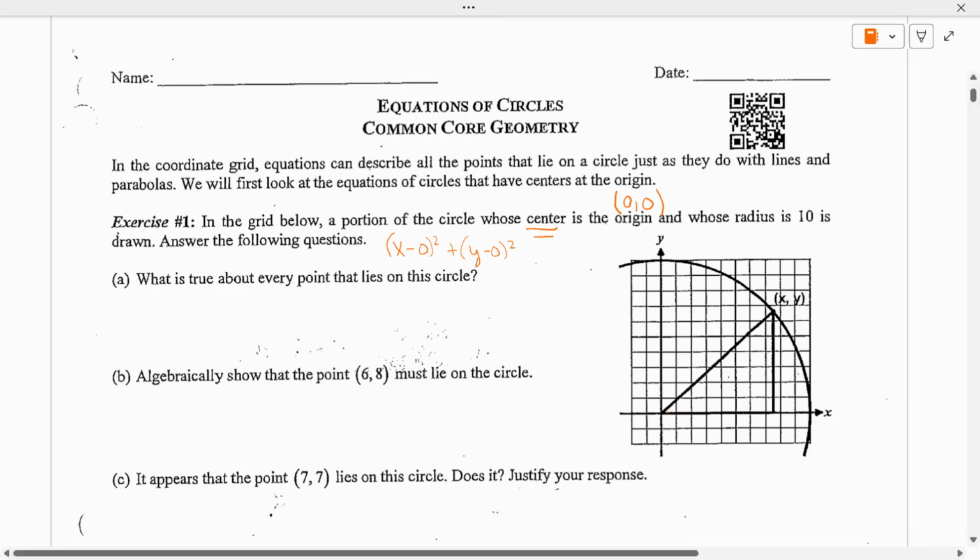Well, let's see what we can figure out. 1, 2, 3, 4, 5, 6, 7.5. What is this ordered pair right here?